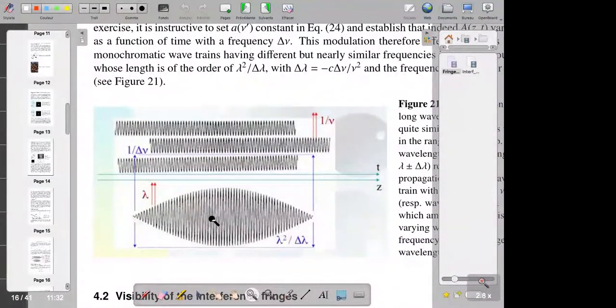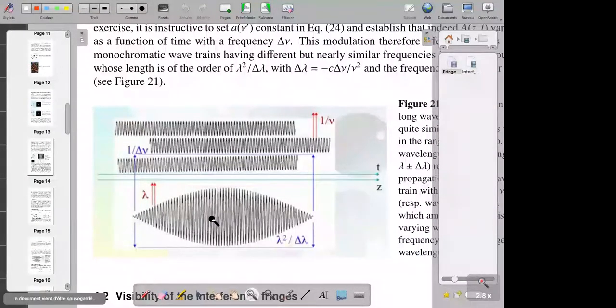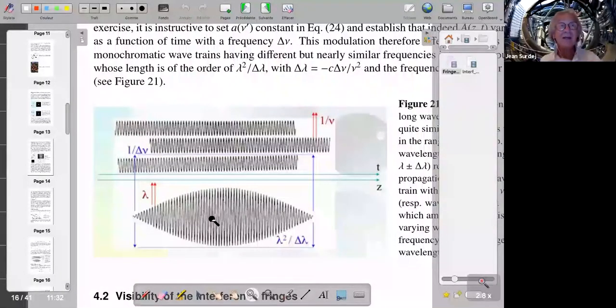This is very interesting, because it means that if the difference in those lengths is too big, you're losing the coherence.